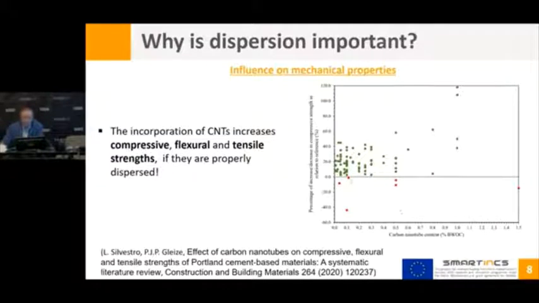Sometimes it's possible to increase in a very important way, more than 100%, the compressive strength of cementitious materials after the addition, in this case, of 1 weight% of carbon nanotubes. But also in other cases, it was possible to worsen by more than 40% the compressive strength of the system. And of course, all these red dots are connected to a non-good dispersion of the carbon nanotubes.